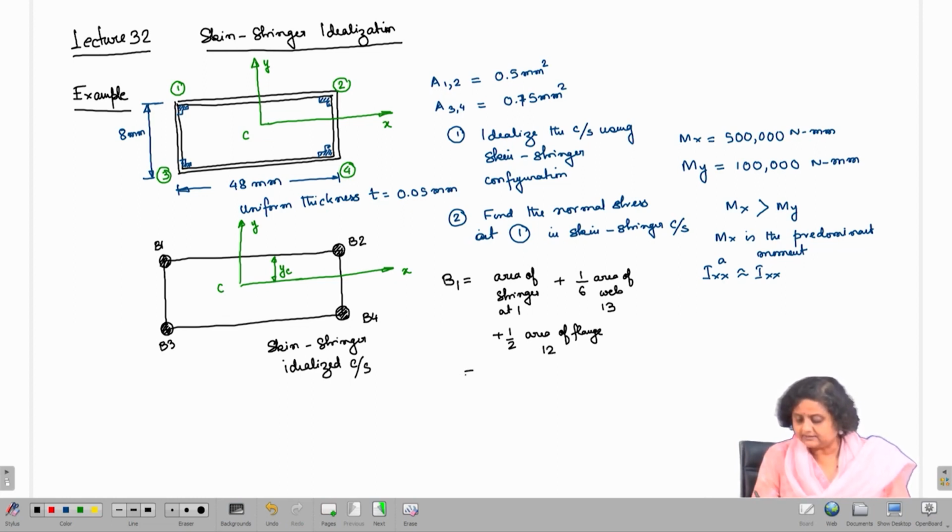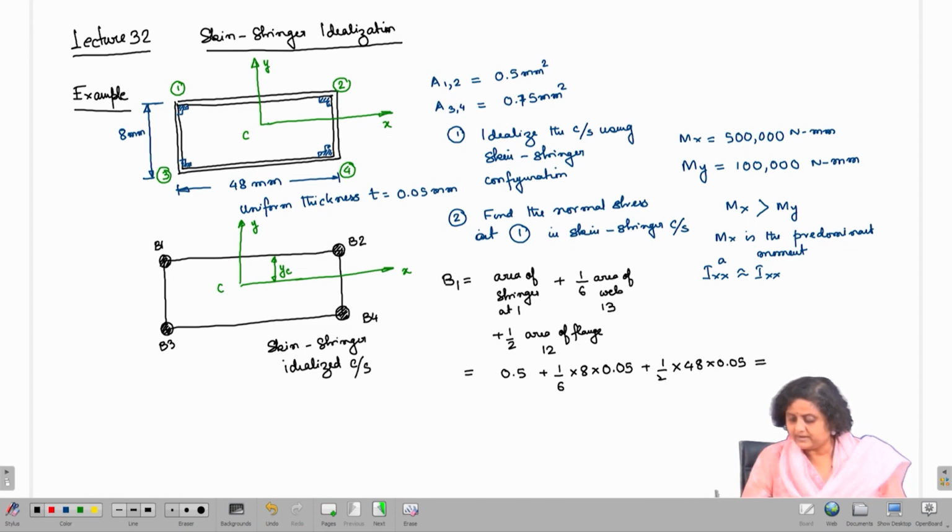If we calculate this, it is 0.5 plus 1/6 into 8 into 0.05 plus half into 48 into 0.05. So, if we calculate this, we will see that B1 turns out to be 1.767 millimeter square.